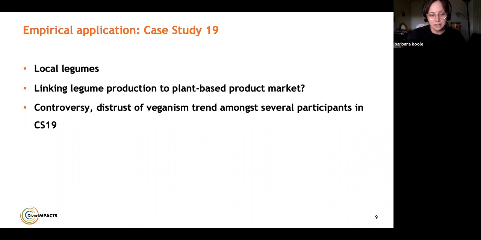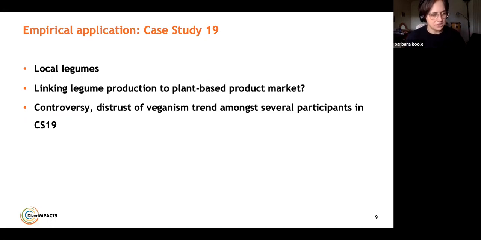However, this created a lot of distrust and controversy amongst several participants in the case study. So on the first project meeting, with already quite a big part of the group now present, this created quite a lot of discussions, even heated discussions, because people were just disagreeing and distrusting and not wanting to jump onto this trend.